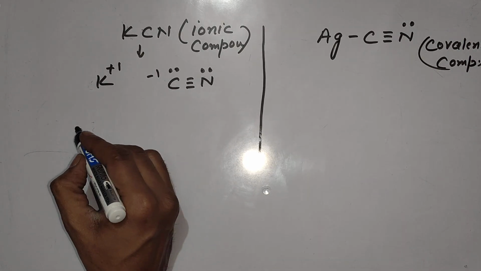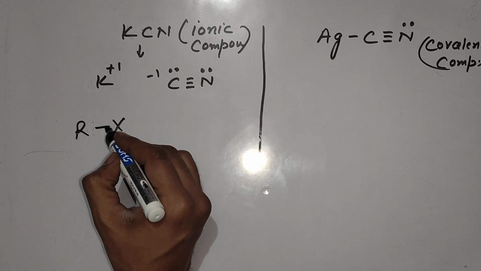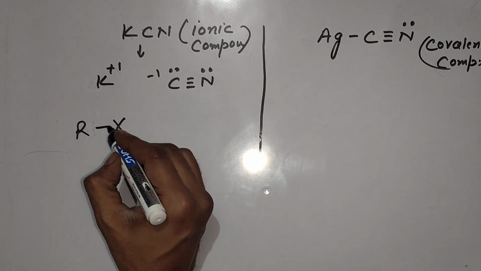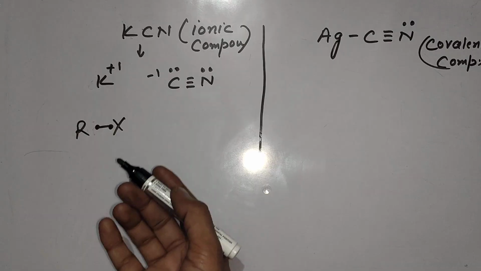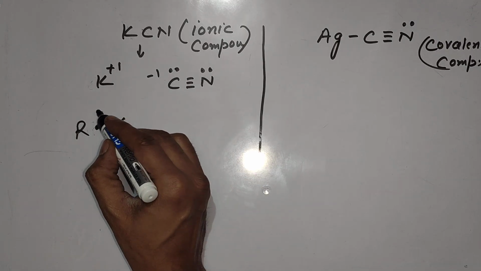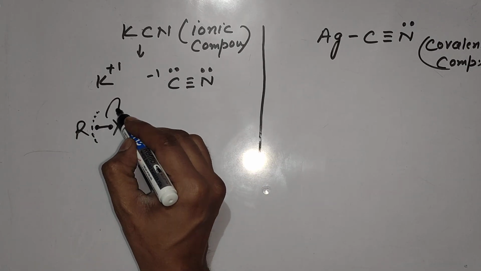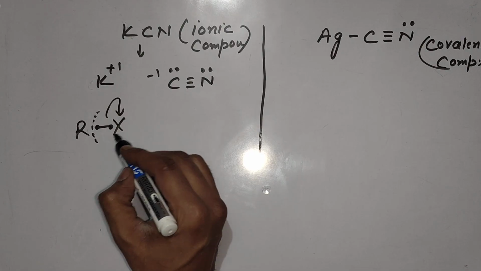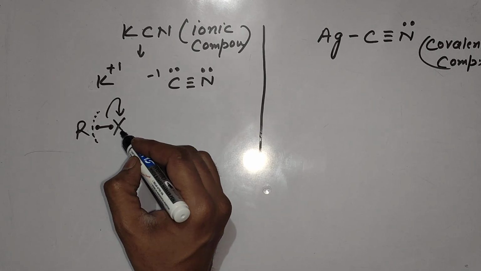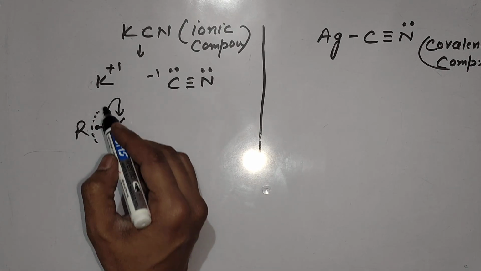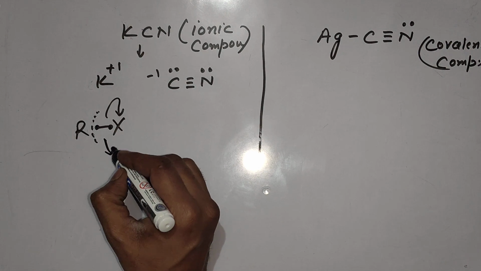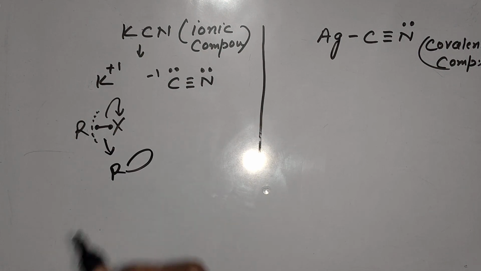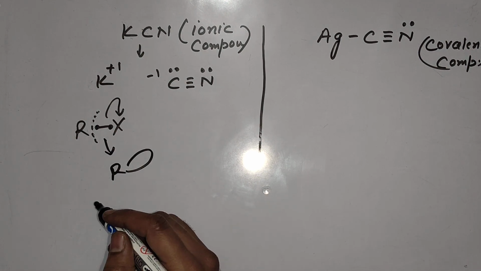Now check. RX reacts with cyanide. So obviously this is common to all, that the RX bond will break and X will get an electron, due to which X will become negative and K is positive. So X and K will combine, and what will they create? KX. And R will release out from here with a vacant orbital.